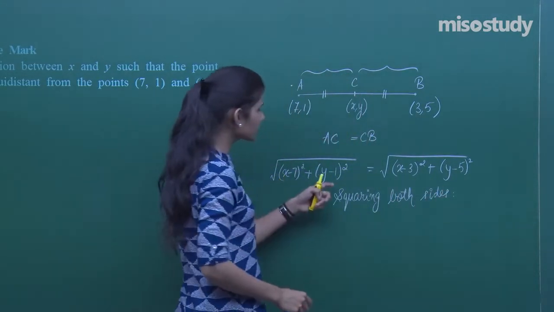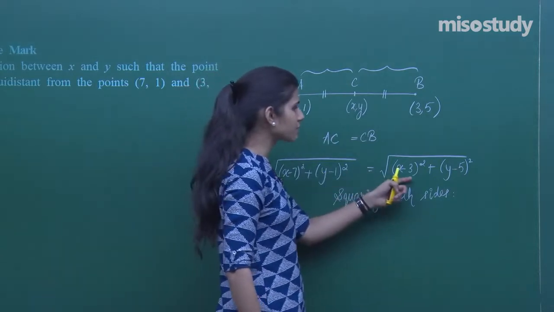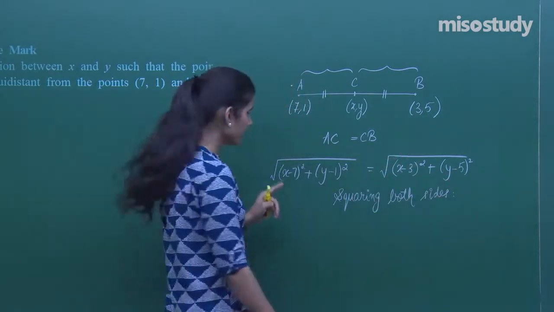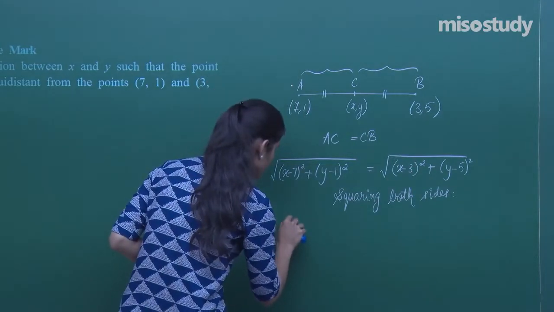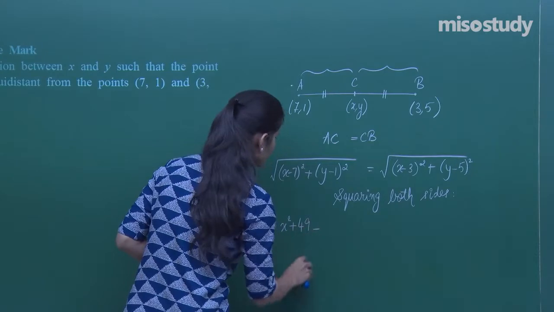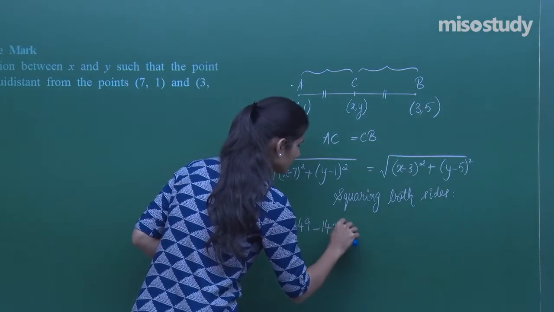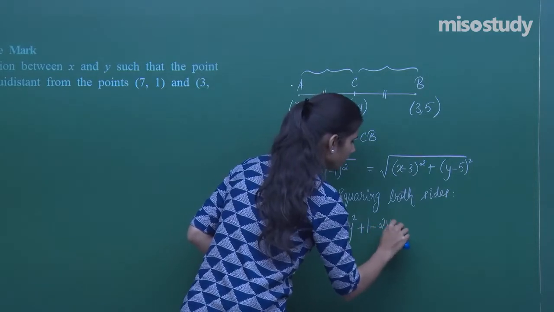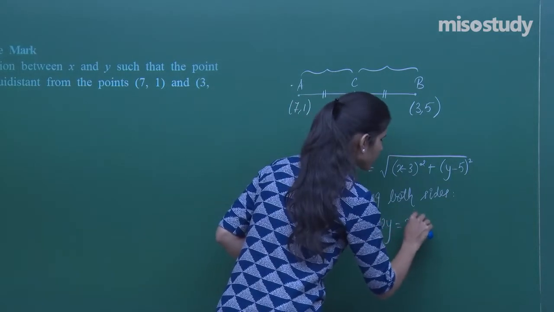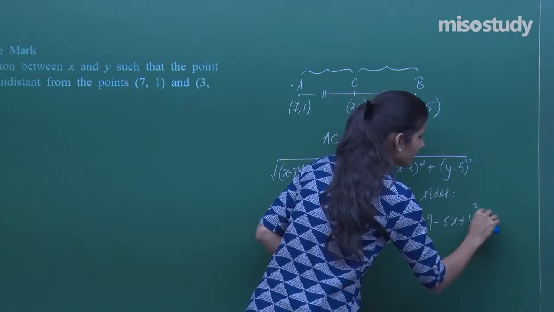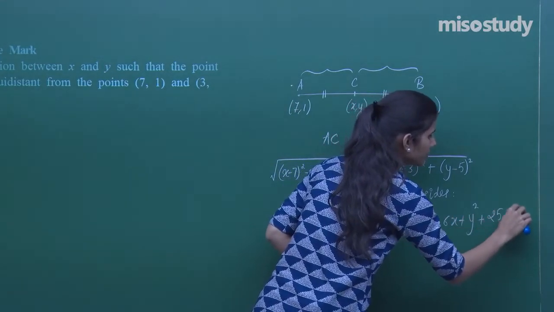(x minus 7) whole square plus (y minus 1) whole square equals (x minus 3) whole square plus (y minus 5) whole square. The square root signs vanish. Open this up, you get x square plus 49 minus 14x plus y square plus 1 minus 2y equals x square plus 9 minus 6x plus y square plus 25 minus 10y.